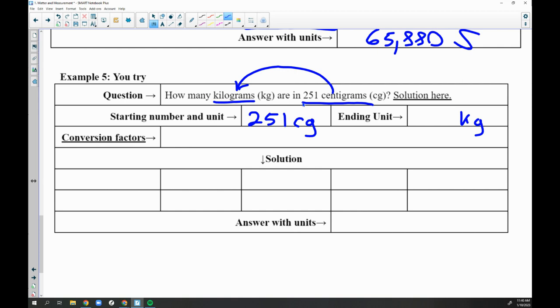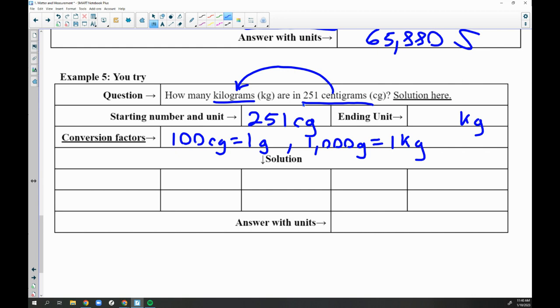We have to go, first of all, from centigrams to grams, and that relationship is 100 centigrams equals 1 gram. And then we have to go from grams to kilograms, and that relationship is 1,000 grams equals 1 kilogram. And I got both those relationships again from page 44.